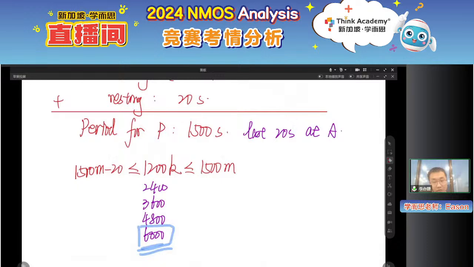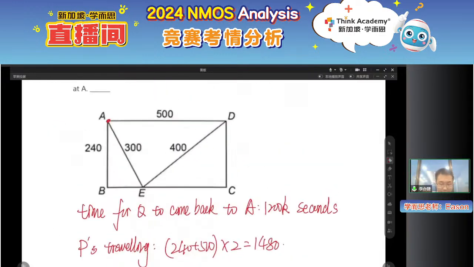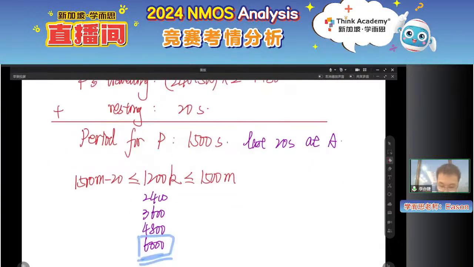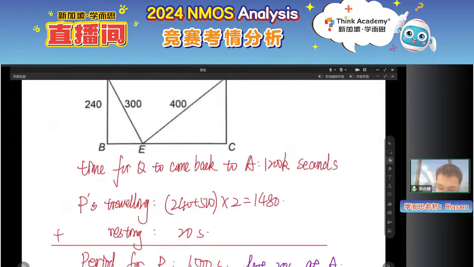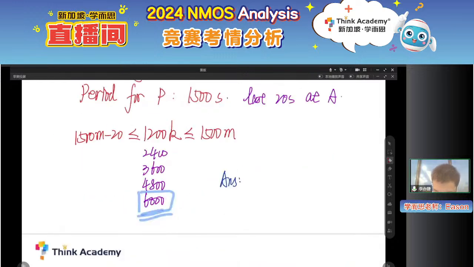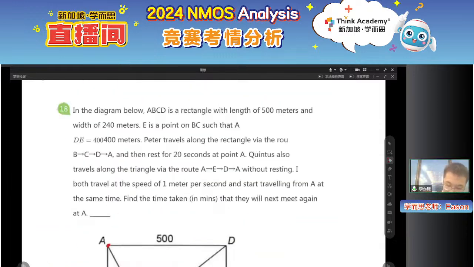For this type of question it is not necessarily the LCM, because it can happen when Q is at A and P is not at the end of the period, but somewhere in the resting period. But that is not the case for this question. So the answer is 6,000 seconds, but it asks for minutes, so it is 100 minutes.